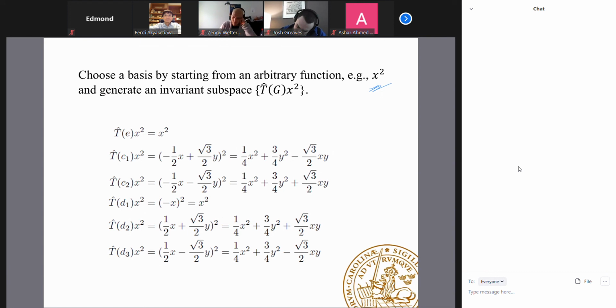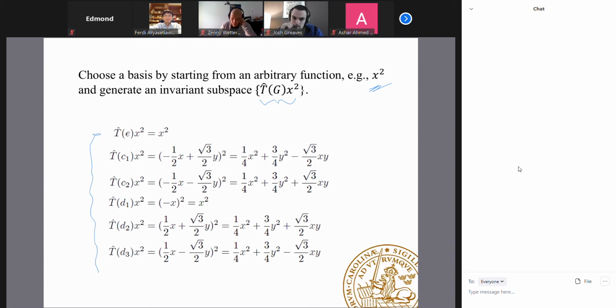So now we want to see how these functions transform under the various symmetry operations. So we want to generate the invariant subspace. As we saw before, we can just take the function and operate on it with the symmetry operators like this. So we have it here.